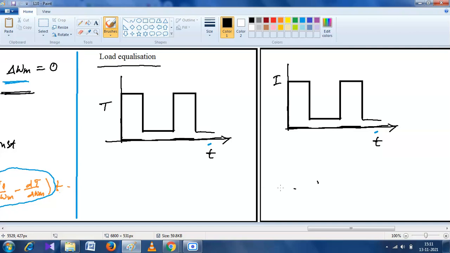That means we have to do something so that the current curve should not be like that. करंट में इतना चेंजेस नहीं देना है. ऐसा कुछ करना है जो करंट का इतना फ्लक्चुएशन घट जाए. Yes sir.